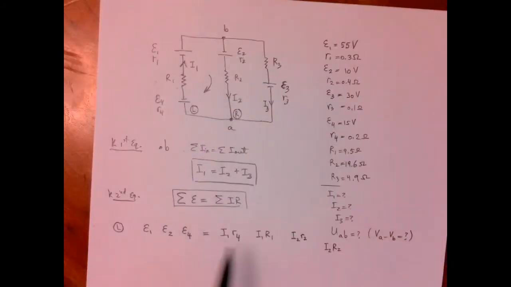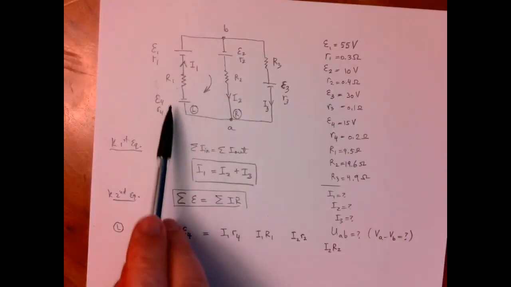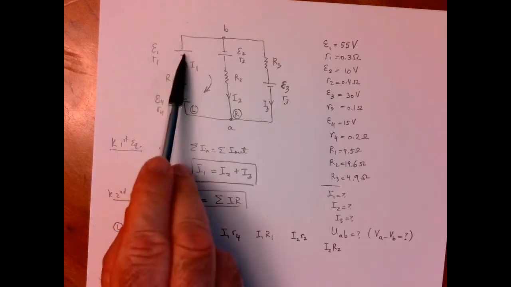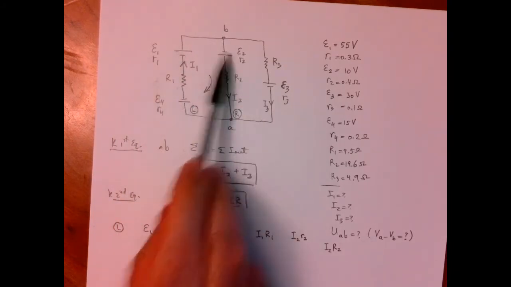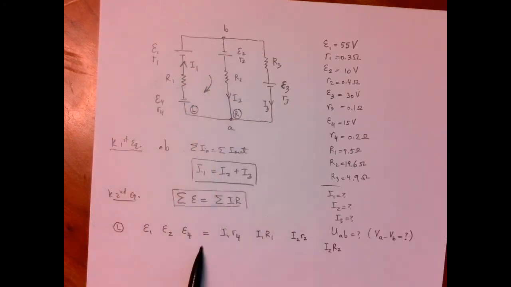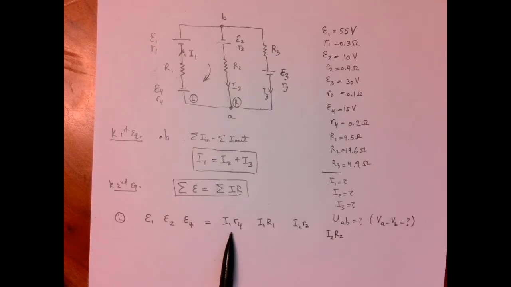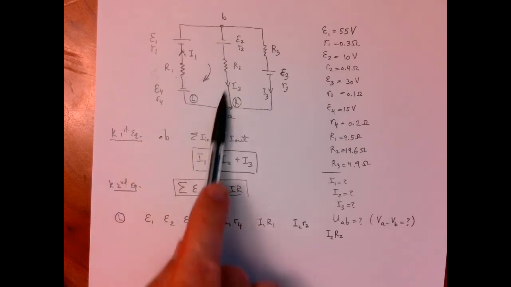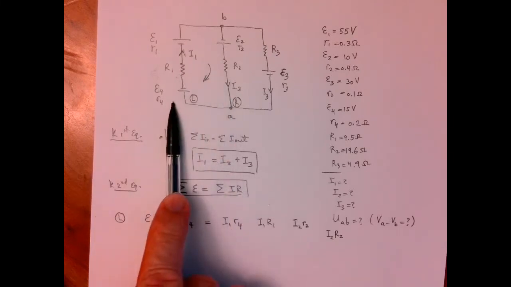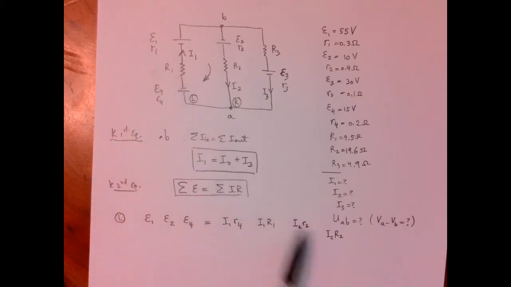Let's take a moment to look at all of them. The batteries that I have are E1, E4, and E2. I just listed them here. And the IRs are I1 R4, I1 R1, I1 r1, I2 R2, and I2 r2.